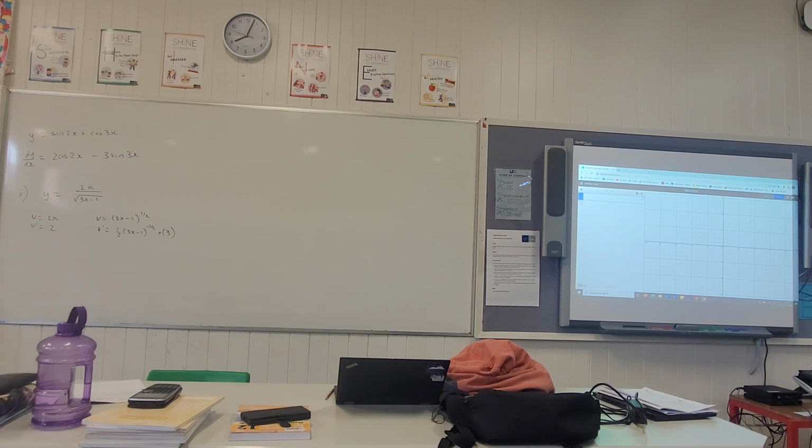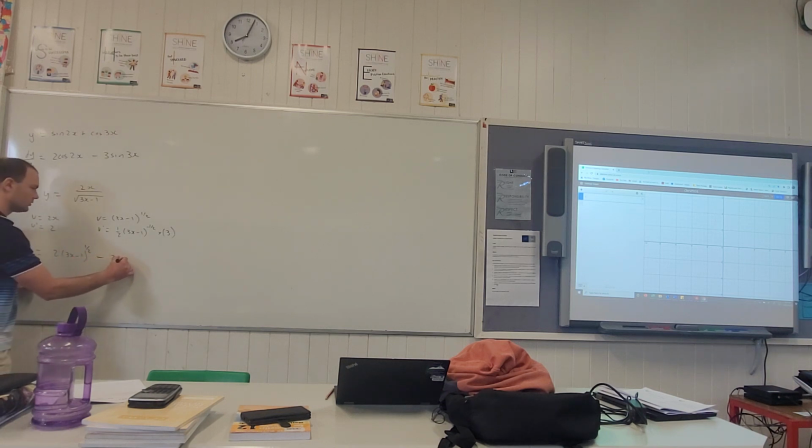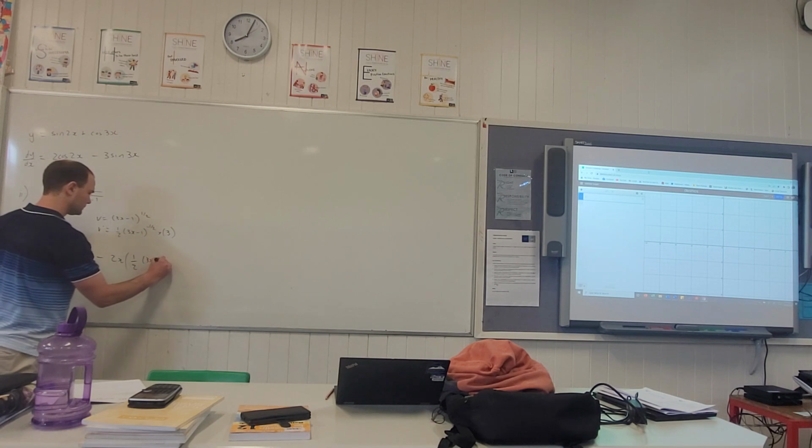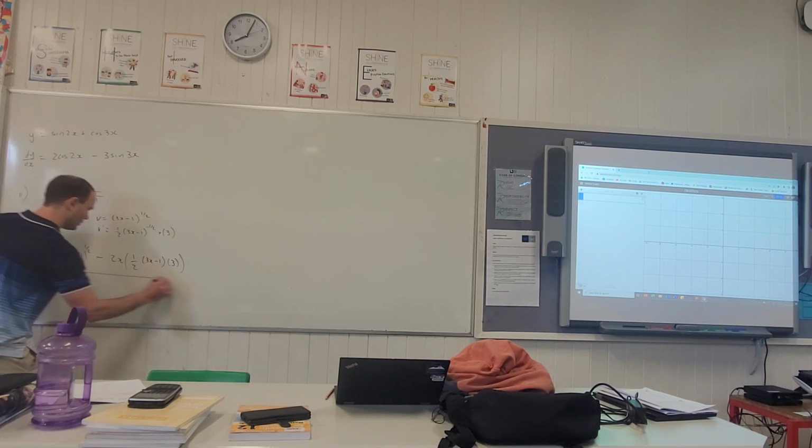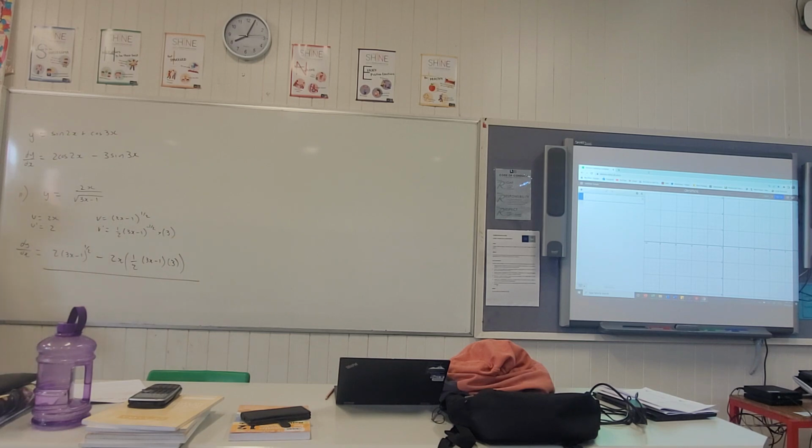Now it says don't simplify, so we won't, and we're just going to smash all that together for the quotient rule: u dash v, take away u v dash, all on top of v squared.